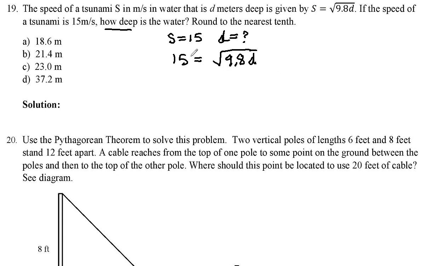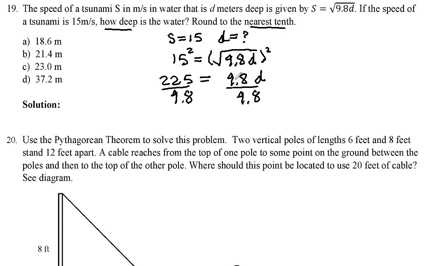And so we're going to undo that square root by squaring on both sides. So we get 225 on the left-hand side equals, square and square root cancel each other out, they undo each other, 9.8d. And then divide off that 9.8 on both sides. 225 divided by 9.8 rounds to the nearest tenth.